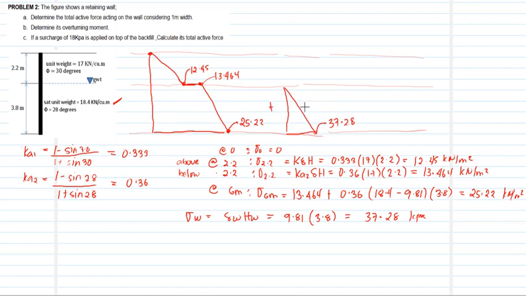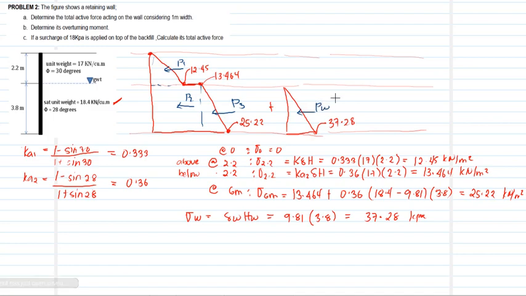Okay? So, for letter A, we can now solve for our total active force kasi meron na tayong values ng pressure. Diba? So, ito yung unang P1 natin. This is P1, itong triangle na ito. Ito yung P2 natin, yung rectangle na ito. And then, ito yung P3 natin, yung triangle dito, and ito yung magiging P nung water natin.